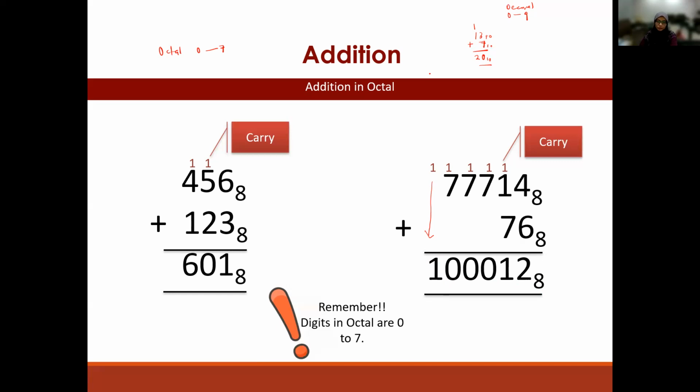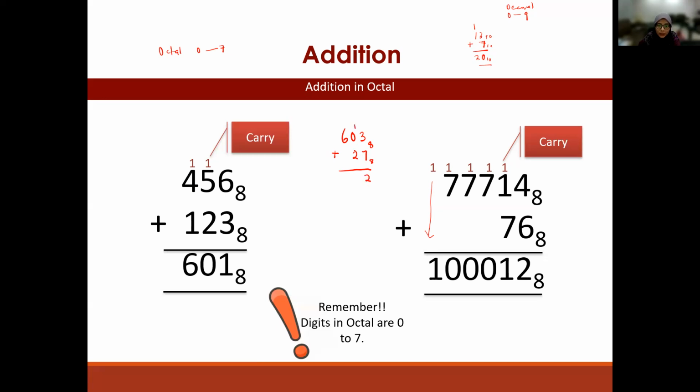Again, for example, we have 603 base 8 plus 27 base 8. So 3 plus 7 equal to 10. 10 minus 8 equal to 2.